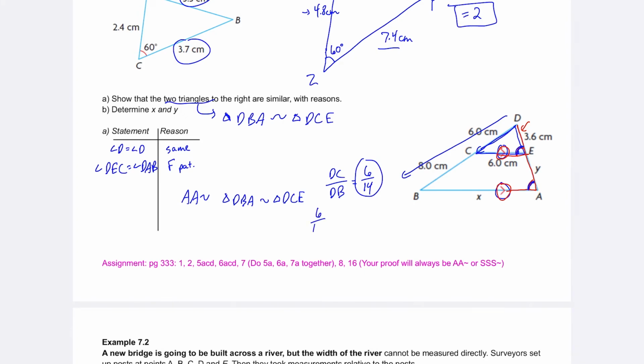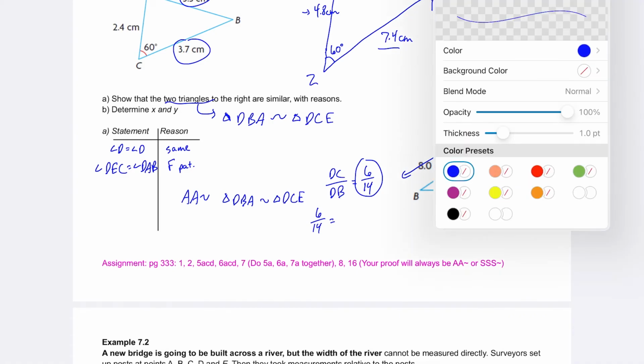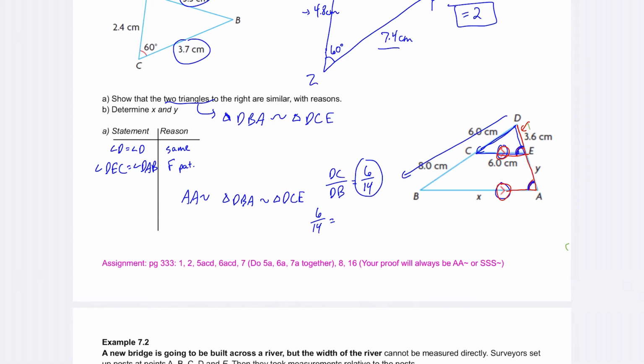Okay, so that's the ratio that is relating the smaller triangle to the larger triangle. So we could have 6 over 14 is equal to, and let's look at this side right here, so 3.6, so the short side of the small triangle to the large triangle. And we'll call this one B for right now. And we're going to find out what this is.